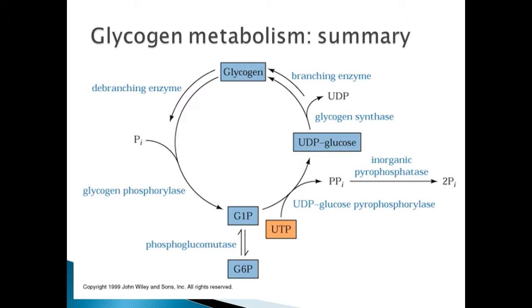But in terms of making glycogen, we don't actually need glucose. The source for making glycogen can either be from glucose coming into the cell, being turned into glucose 6-phosphate, and then from there being turned into glucose 1-phosphate, or it can be from gluconeogenesis, which will act all the way up to glucose 6-phosphate, and then the carbon will be directed by a phosphoglucomutase to glucose 1-phosphate, and that will allow us a source of making glycogen.